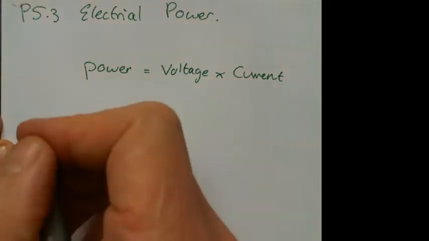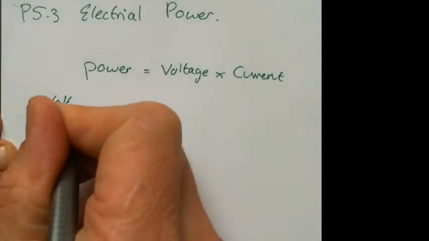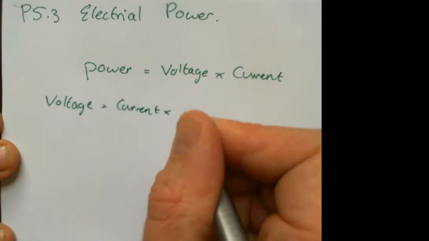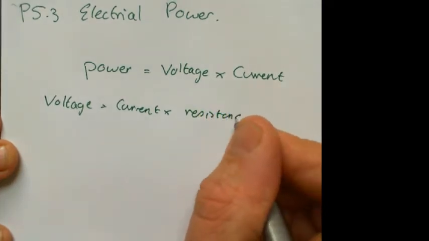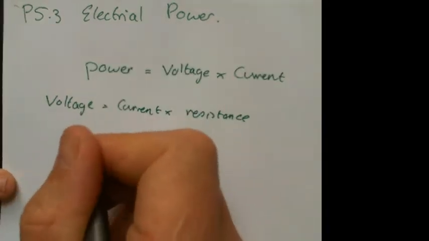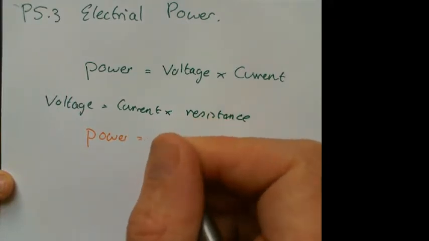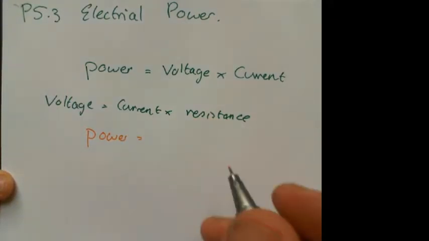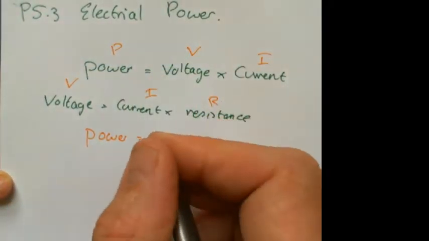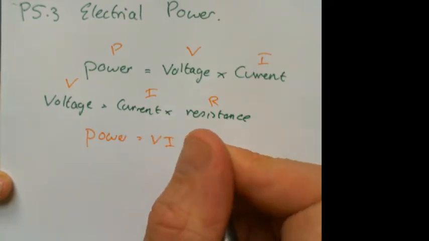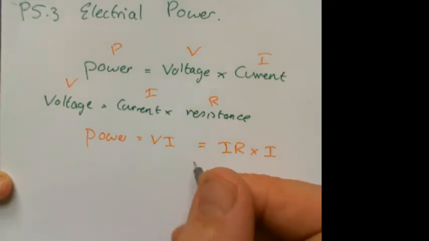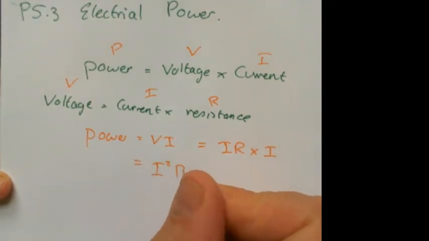And we said that voltage also equaled current times resistance, which means that power equals, so if I just put V I P, V I R, the power equals I V, which is the same as saying I times R times I, which is the same as saying I squared R.